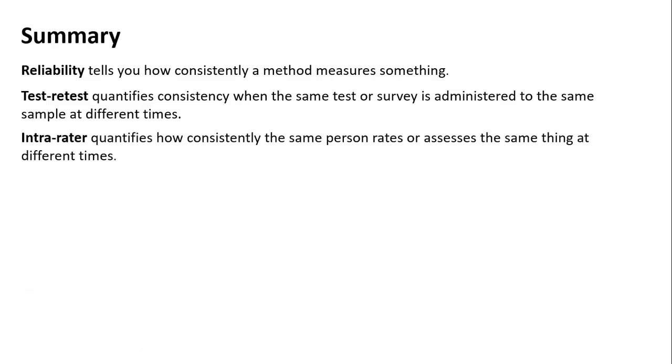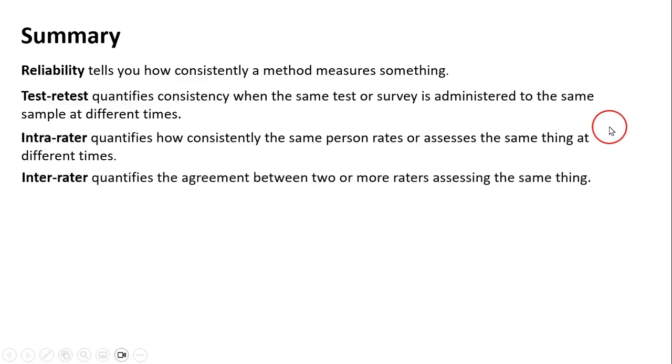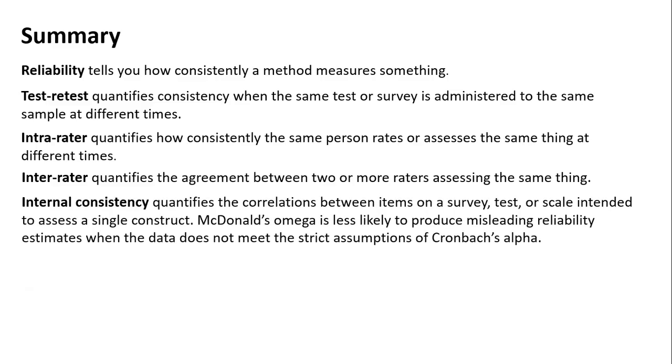Intra-rater quantifies how consistently the same person rates or assesses the same thing at different times. Inter-rater quantifies the agreement between two or more raters assessing the same thing. Internal consistency quantifies the correlations between items on a survey, test, or scale intended to assess a single construct.